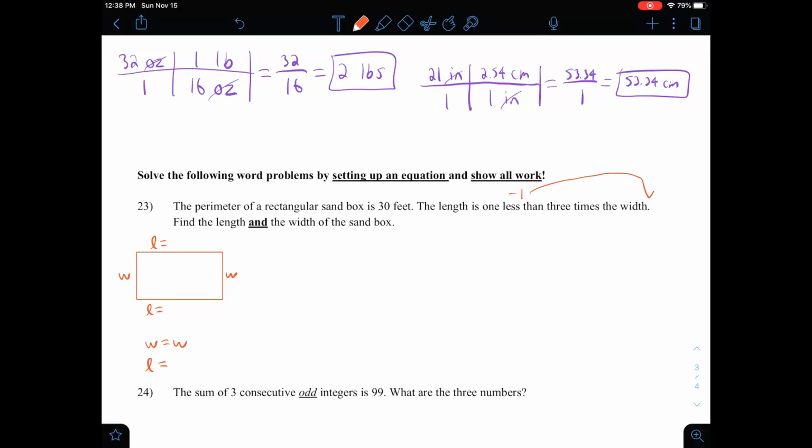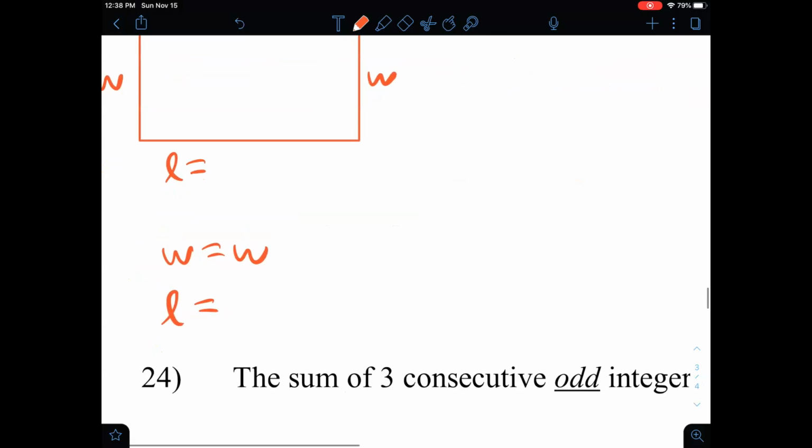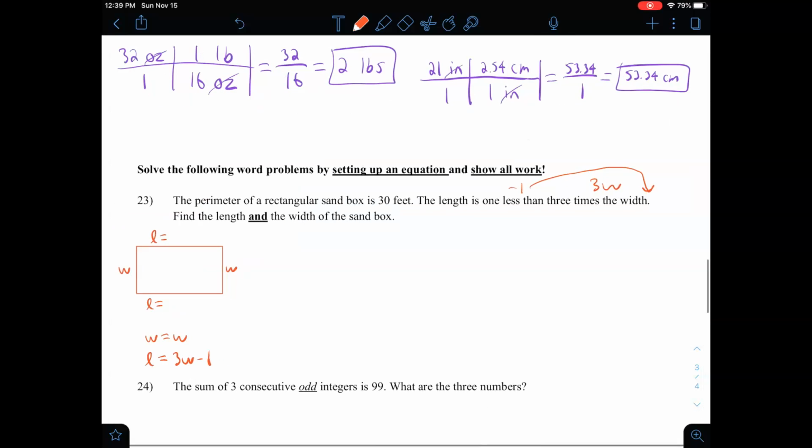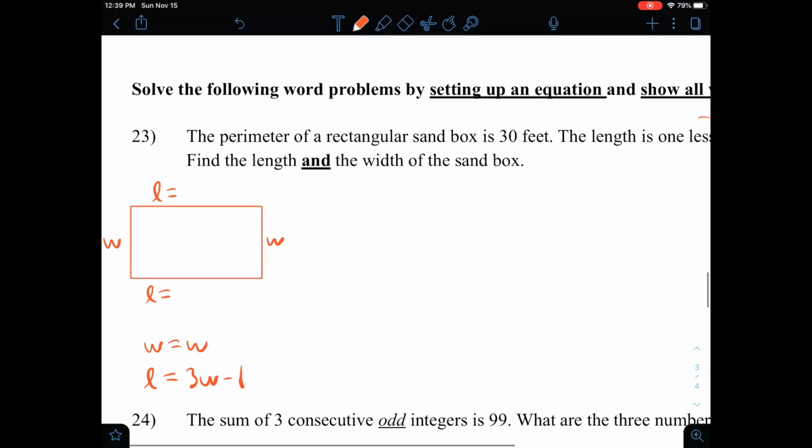So 1 less, remember, is minus 1, and that's going to go at the end of whatever is written here, which is 3 times the width. So that's going to be 3w, right? So if it's 1 less than 3 times the width, that's going to be 3w minus 1. Okay? They're using the width to describe what the length is equal to. So the length is going to be equal to 3w minus 1.